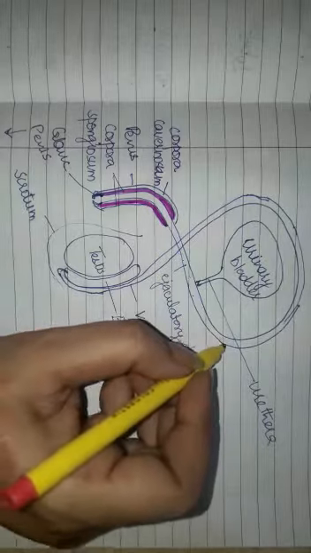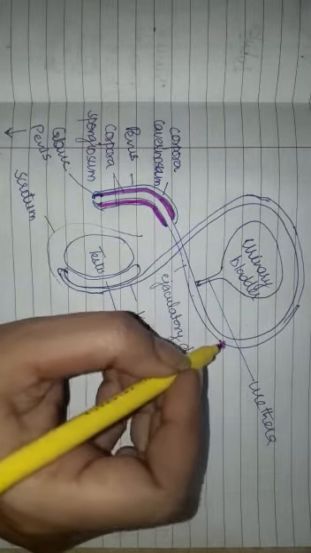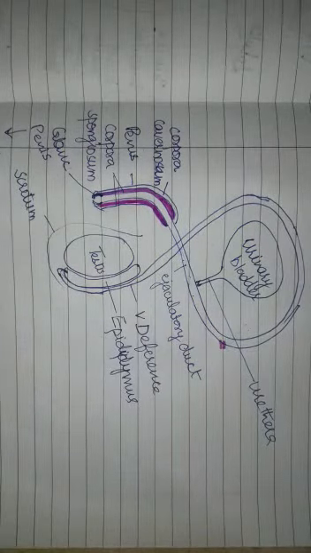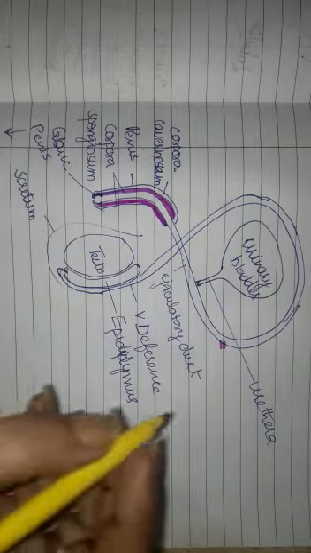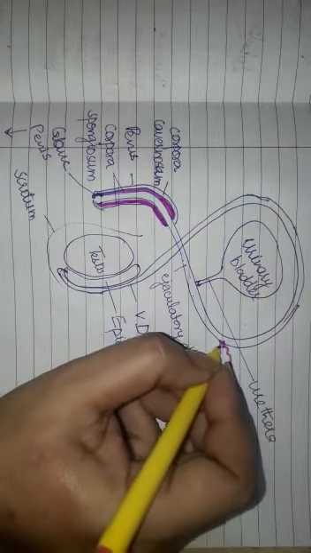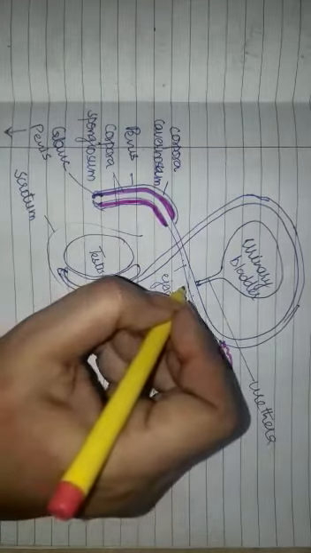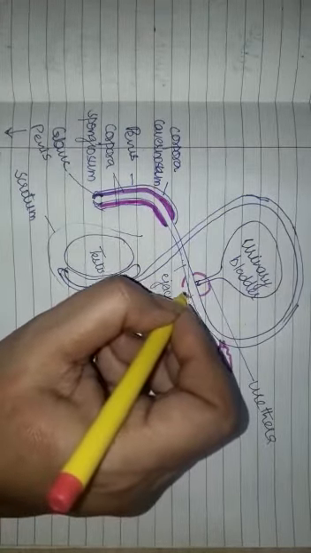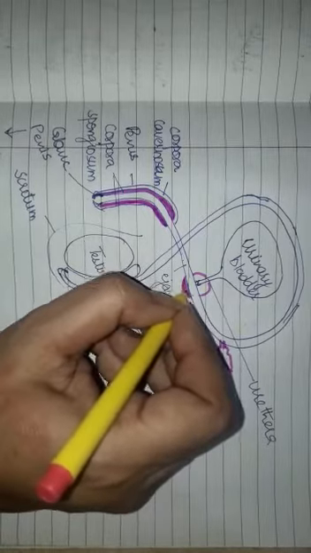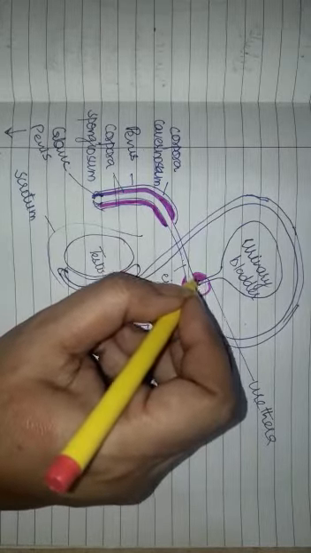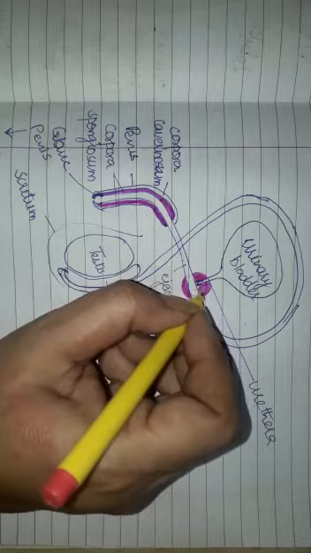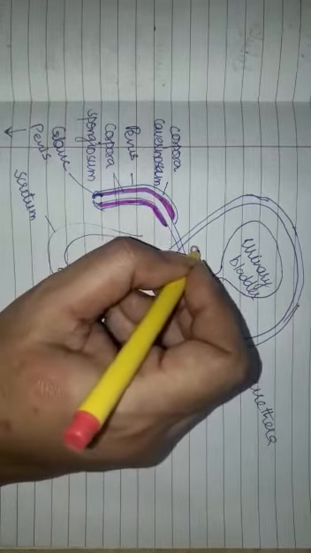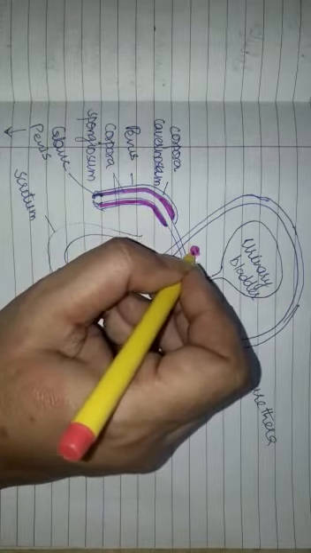Now this reproductive system is associated with three glands. The first gland is seminal vesicle, the second gland around this urethra is the prostate gland, and there is a third gland, a very small gland, the Cowper's gland.